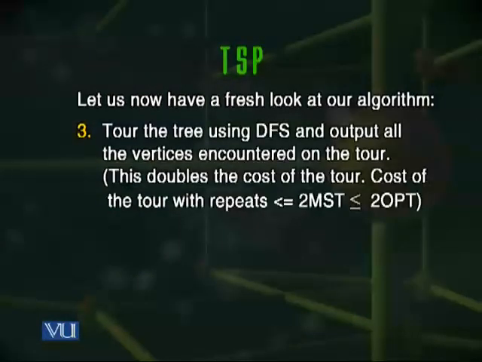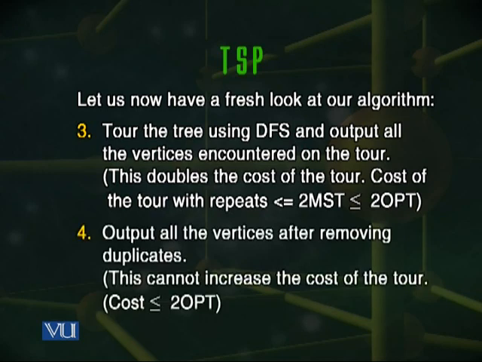Then the second step is we tour the tree using DFS and output all the vertices encountered on this tour. This doubles the cost of the tour. The cost of our tour, and this tour has repeats, is less than or equal to 2 times the cost of the minimum spanning tree and therefore less than or equal to 2 times opt, the cheapest Hamiltonian cycle in this graph. And lastly, we output all the vertices after removing duplicates. And this cannot increase the cost.